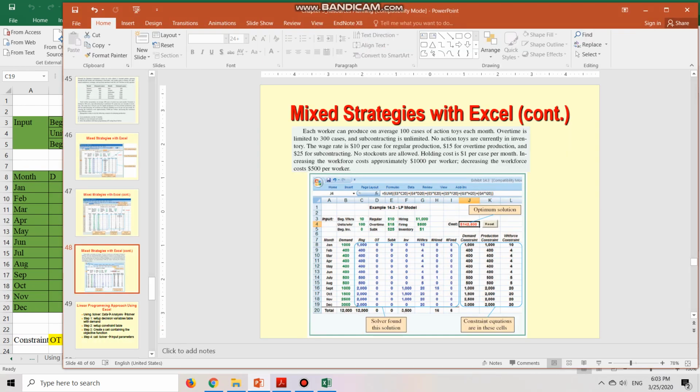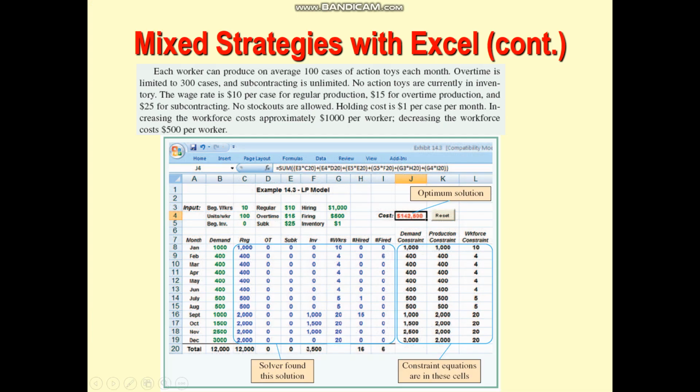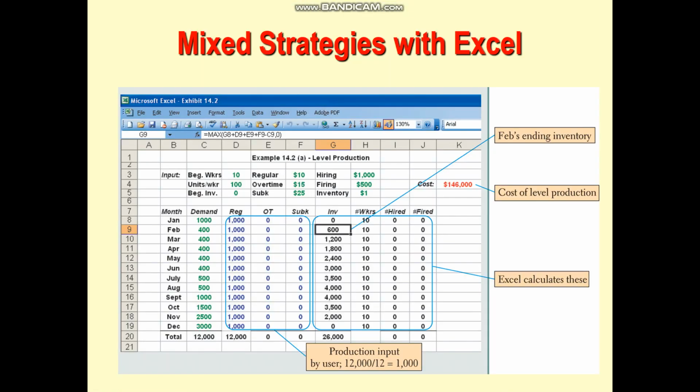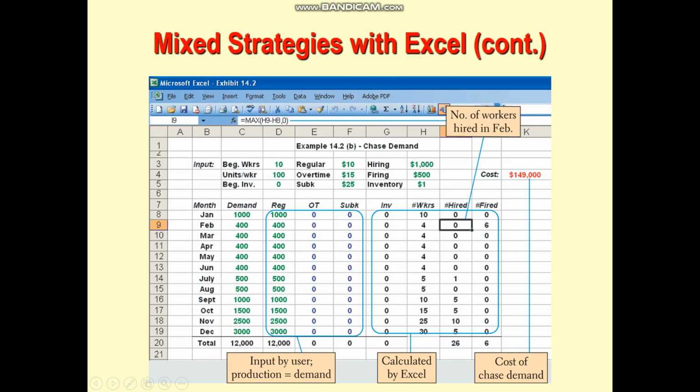Okay, so here we can see when we use the level production strategy, the total cost we have to pay is 146,000. And when we use the chase demand strategy, the total cost we have to pay is 149,000.